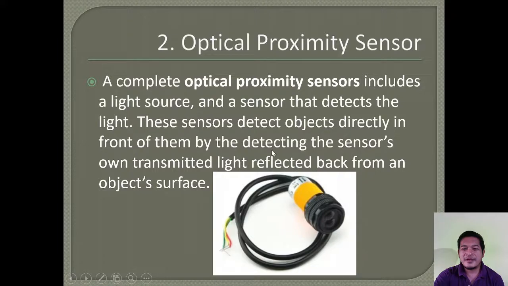These sensors detect objects directly in front of them by detecting the transmitted light reflected back from an object surface. So if there is no light bouncing back to the sensor, it means no object is detected. When an object passes in front of the sensor, the light bounces back. An example is our optical mouse. If you move it away from your mousepad, it will not move. But if you put your optical mouse on the mousepad, when you move the mouse, the cursor moves.